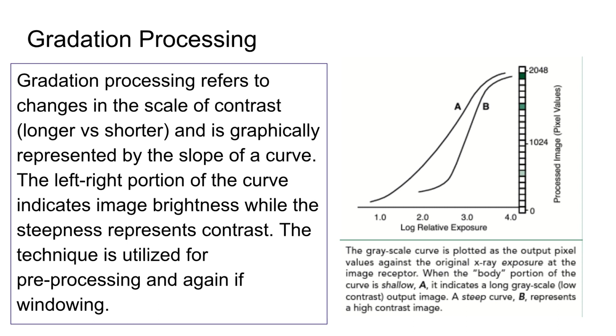this is where you have gradation processing, right? When you change your contrast and you're going from one particular curve to another, again, it's based on the steepness level of that curve and how many grayscales are going to be part of the calculation, right?